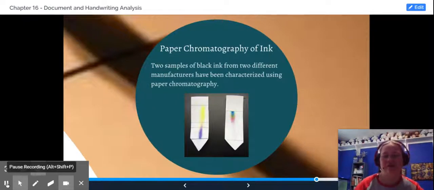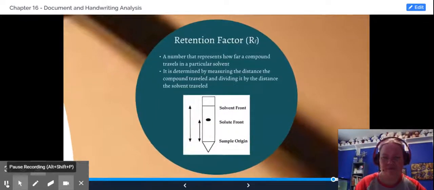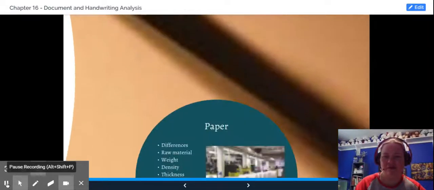In the case of paper chromatography, you can see how two different manufacturers, or two different black pens, even though they look black, once you perform paper chromatography, you can see that they're composed of different materials. You don't need to worry about this, so we're going to skip it.